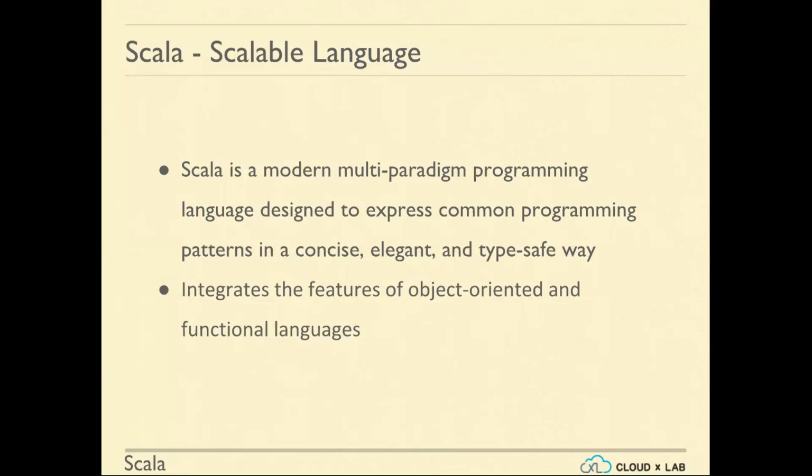It's not as verbose as Java, and it's not untype-safe like Python. So it's the best of both worlds. And the important part is it integrates all of the features of object oriented and functional languages. That's why we call it a multi-paradigm programming language.